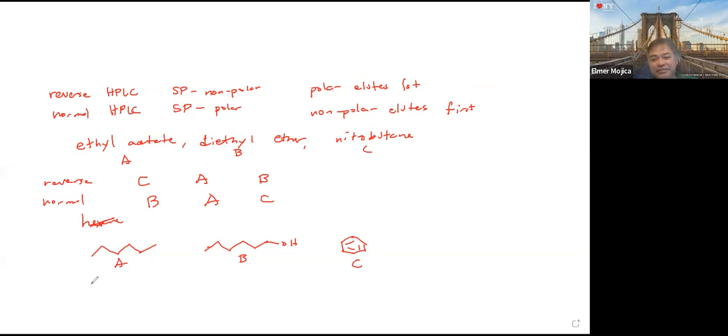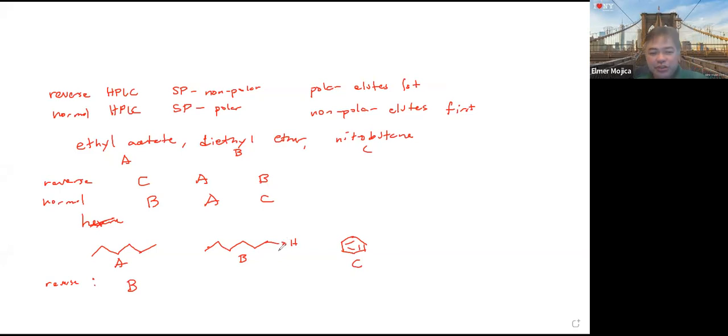Right? Now here in the reverse, yung reverse naman yung tinatanong eh. So if this is in the reverse, which one goes first? So you go with, I think, the B, because that is the most polar.